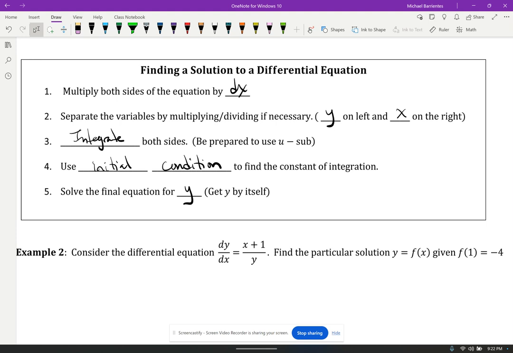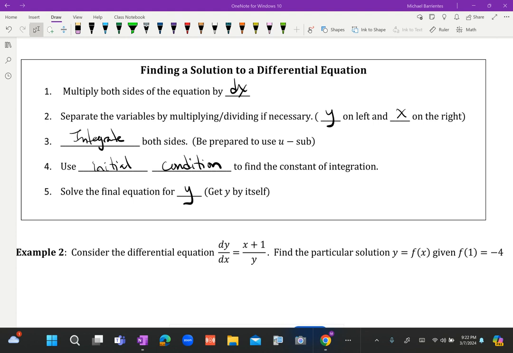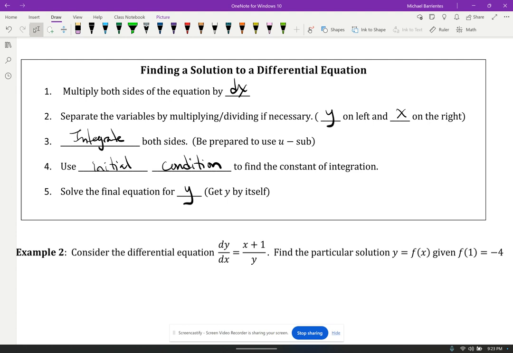That's going to give us what's called a general solution. And then if we want to find a specific particular solution, we're going to use an initial condition, and we're going to see that in the next example, to find the constant of integration and find a complete particular solution. We'll come back in video 2 and we'll tackle this idea with example number 2.